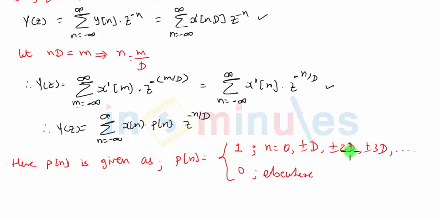So 2 into 3 gives you 6, again because d is equal to 3. So you can see if d is taken as 3, then p[n] will be 1 at n equal to 0, 3, 6, 9. And this will also be the case for negative values of n like -3, -6, -9, especially when you have signals defined on both sides. But everywhere else its value will be equal to 0.